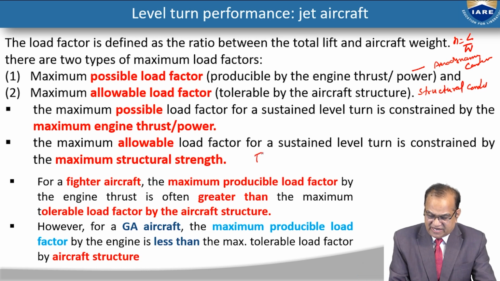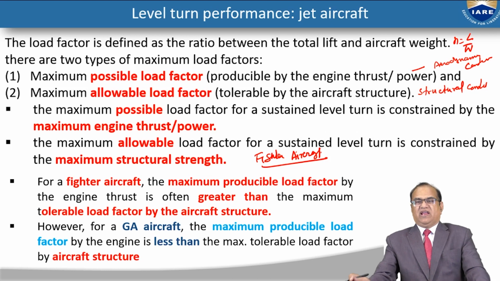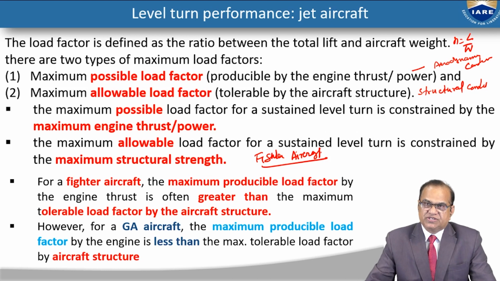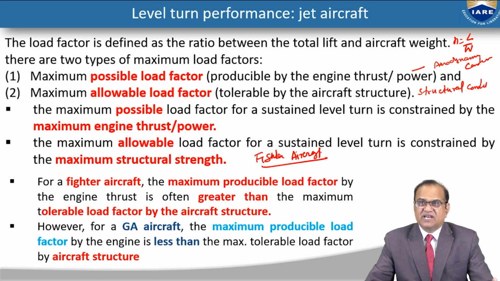If I have fighter aircraft like Rafale, Tejas, Mirage, Sukhoi, these aircraft have a maximum producible load factor from the engine thrust that is much more than the structural limit.